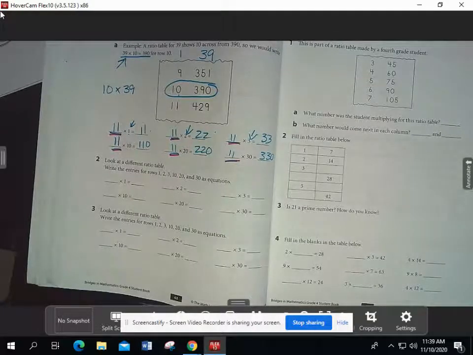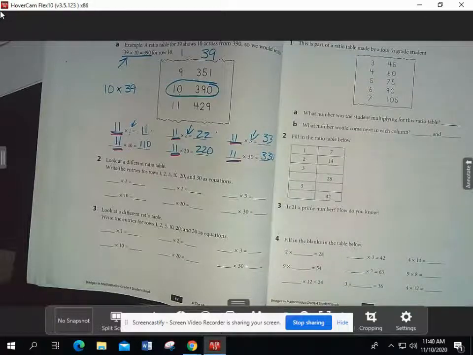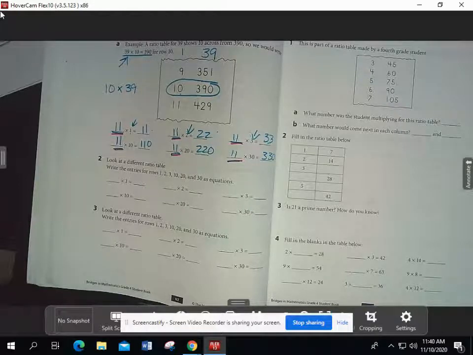Once you have finished that, you need to switch ratio tables with somebody around you. One of them. That's fine. So you'll need to switch some. You guys are kind of out of luck over there. We'll have to give you one of my extra ratio tables. Not this one. I'll have to give you the 10s one.